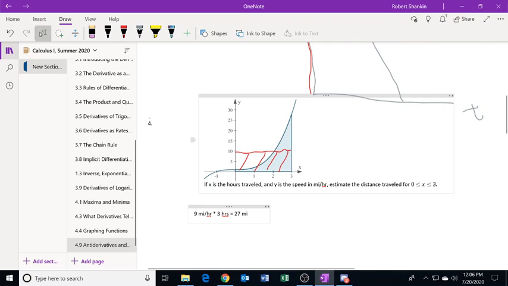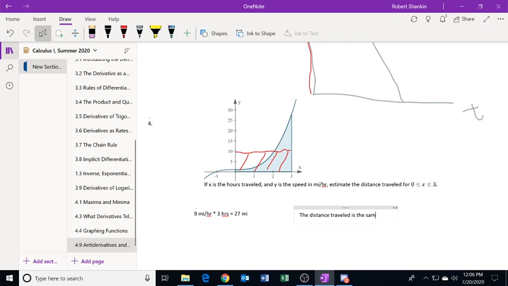And it also is true that the area underneath this original picture, if it matched exactly with the area underneath 9, that would be the distance traveled. So the distance traveled, let's put it over here. Distance traveled is the same as the area under the curve.